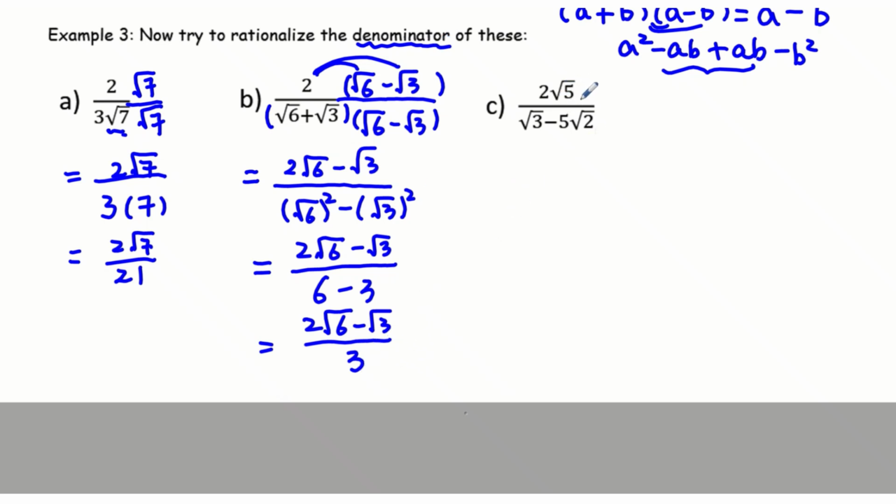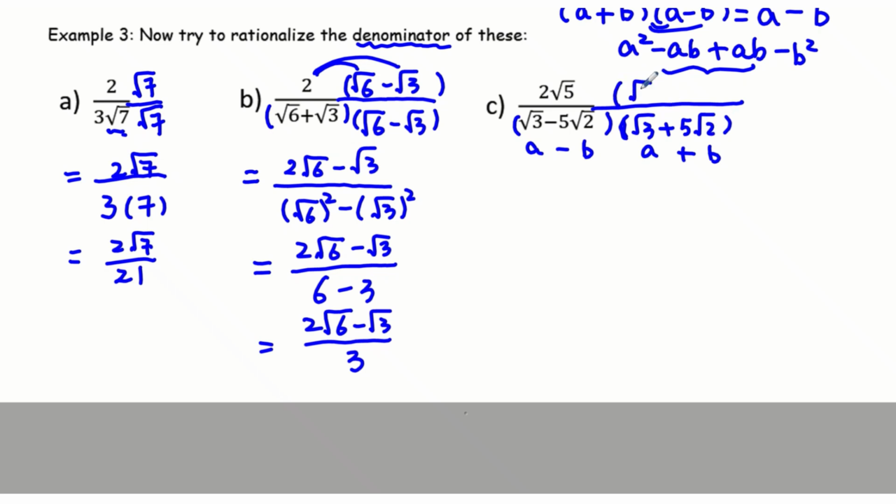So the next one, we are going to do the same thing. So what's the conjugate for the denominator? If you rationalize the denominator, we use a conjugate for the denominator. There are two terms. This is A, this is B. So we have A minus B, then the conjugate has a different sign, A plus B. So square root 3 plus 5 square root 2.